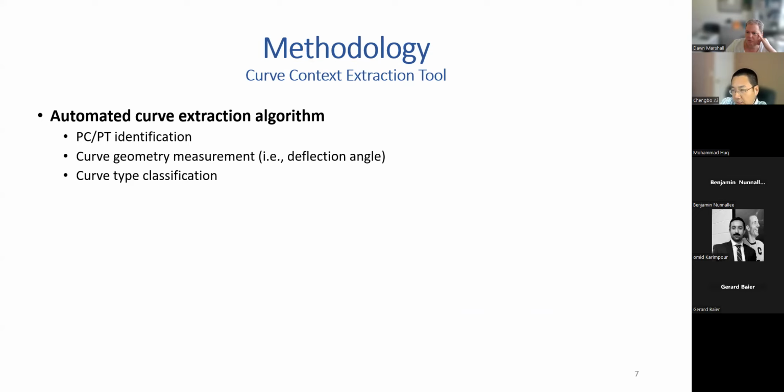So what we did is we took advantage of an algorithm that I developed many years ago, but implemented at a network level, to identify exactly where the curves are located, and the curve geometry, especially the deflection angle with very detailed measurements. This also covers slightly different scenarios, because curves can be complicated with spirals and compound curves, right? And then also the type classification, which gave us even more detailed deflection angle measurements.